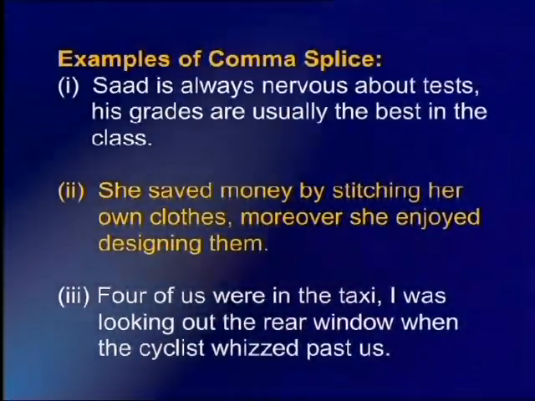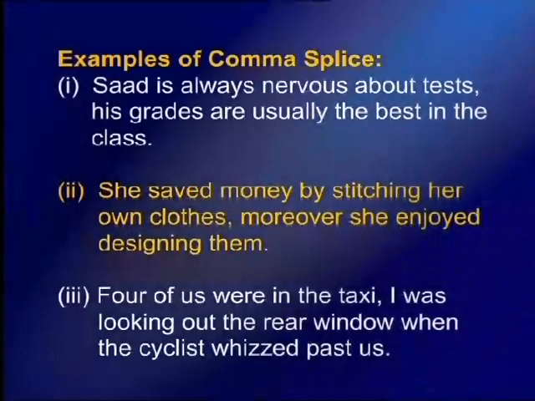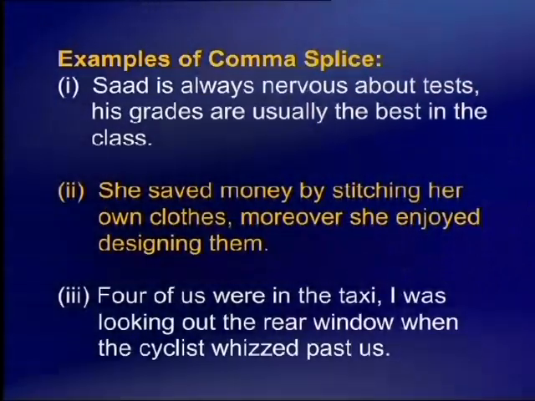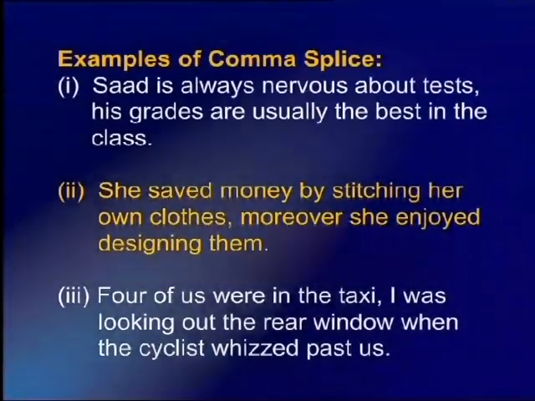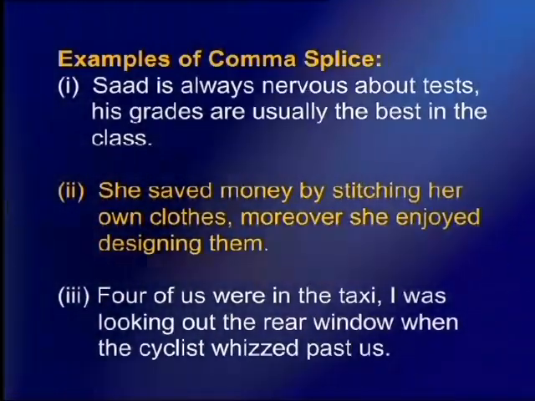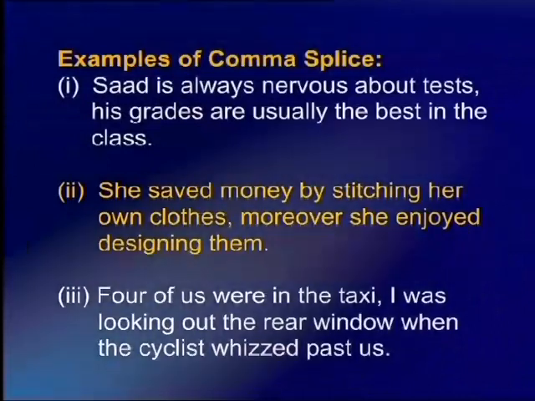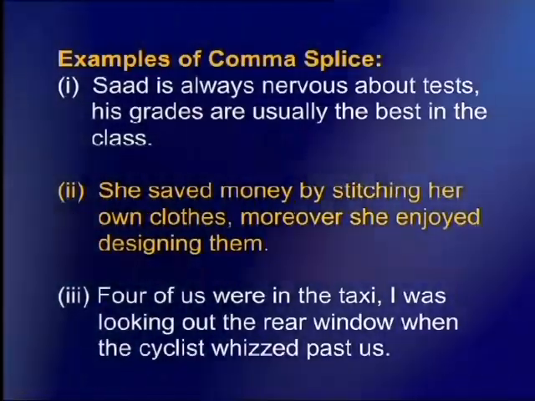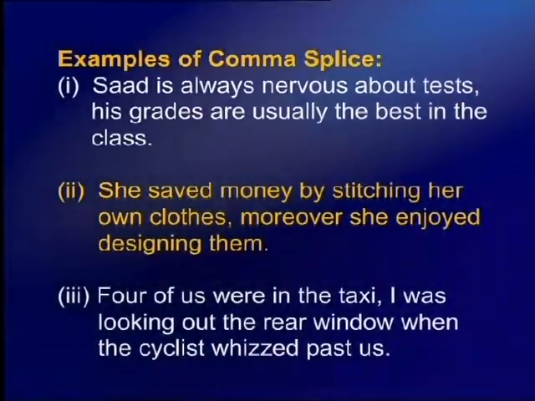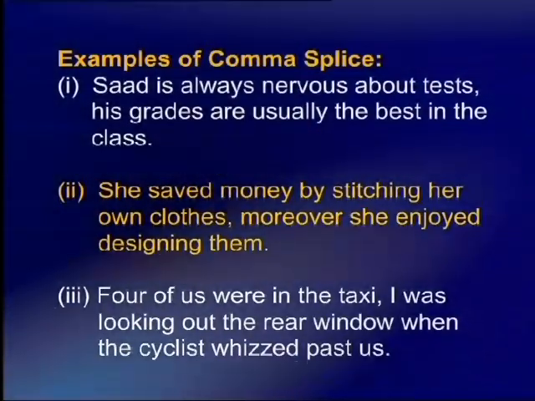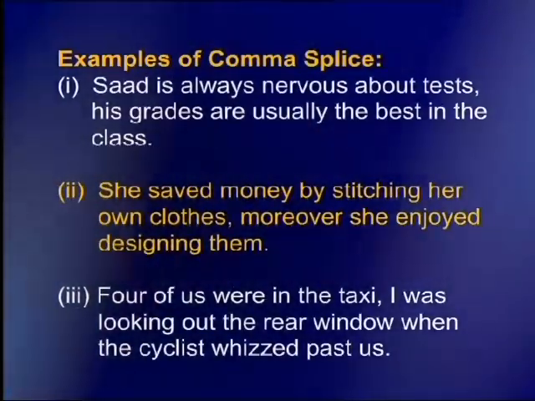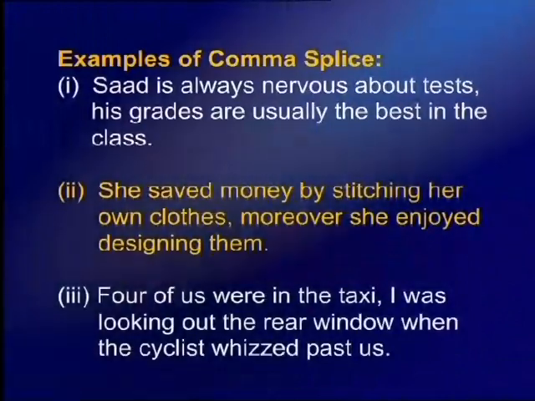That is an example of a comma splice. Number two, she saved money by stitching her own clothes, moreover, she enjoyed designing them. Number three, four of us were in the taxi, I was looking out the rear window when the cyclist whizzed past us.